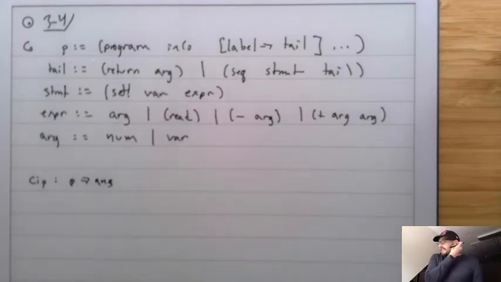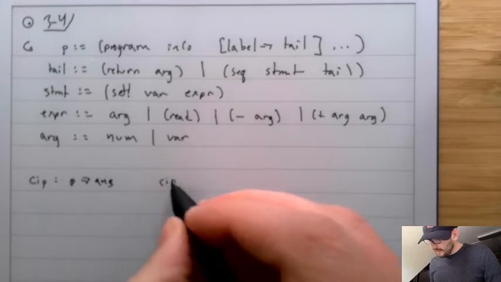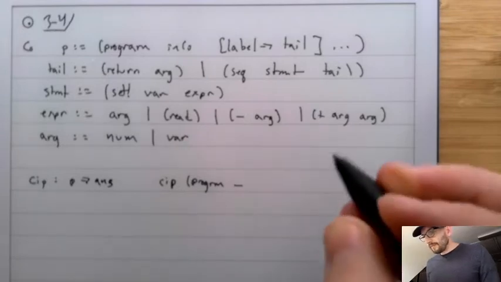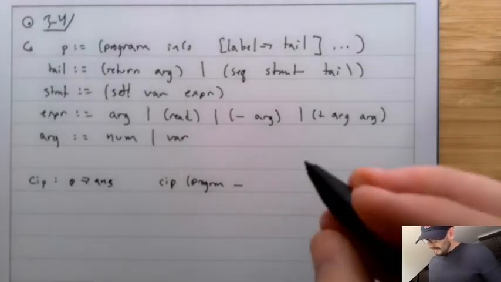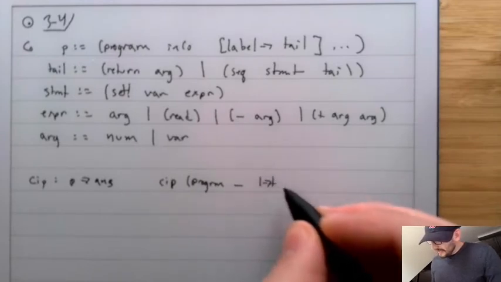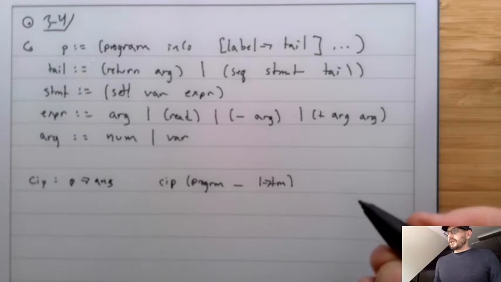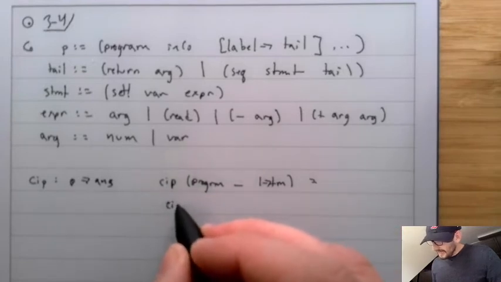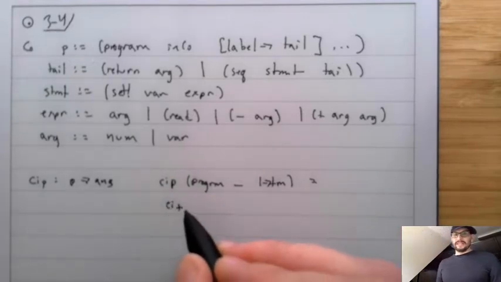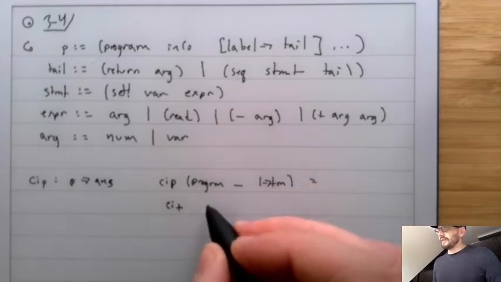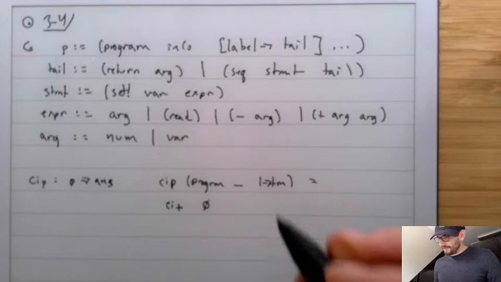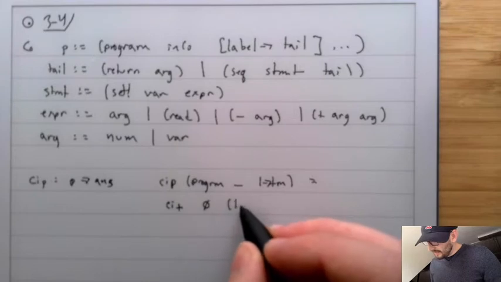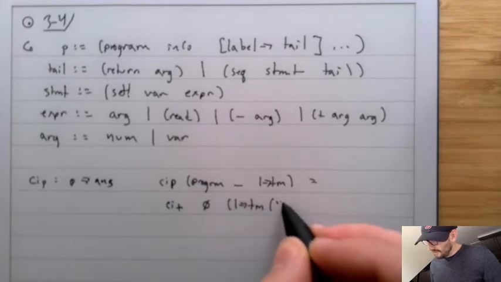CIP of a program with some info that we don't care about, and a label to tail map, is going to equal CIT, the C interpreter for a tail, of an empty environment, which we'll write as the empty set, and then calling label to tail map of main.